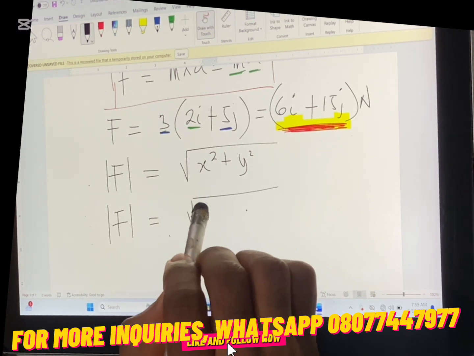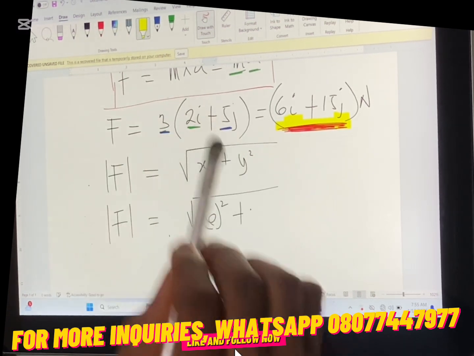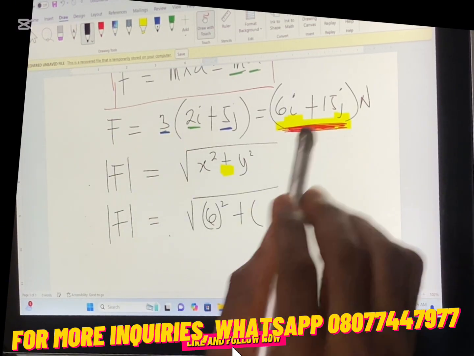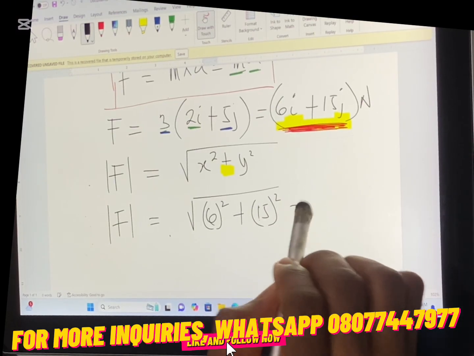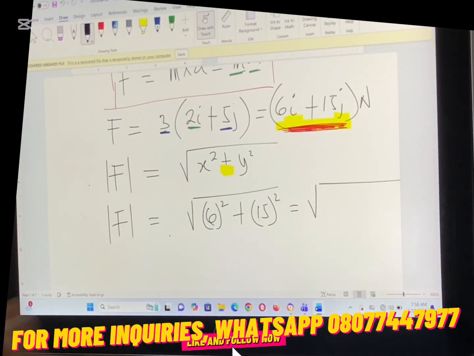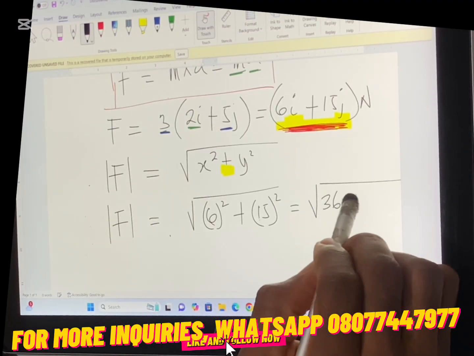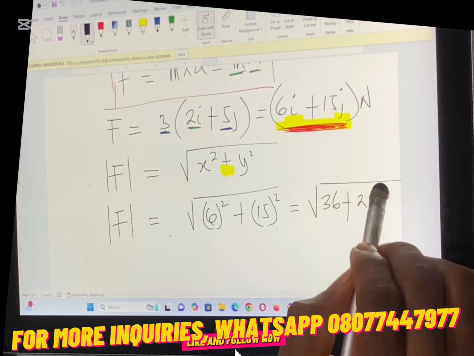So if you replace your values here, this will be 6 all squared plus 15 all squared. Now I will have 6 all squared is 36, plus 15 all squared is 225.